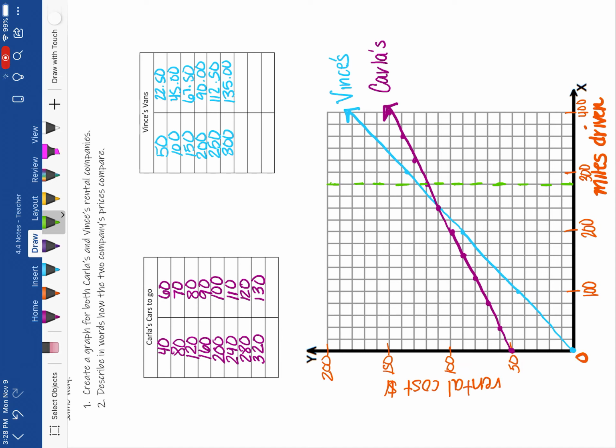That means that Carla's costs less, because her line is lower than Vince's.